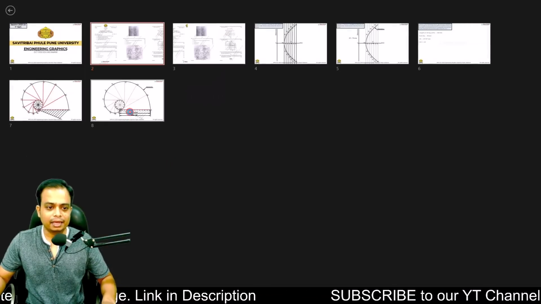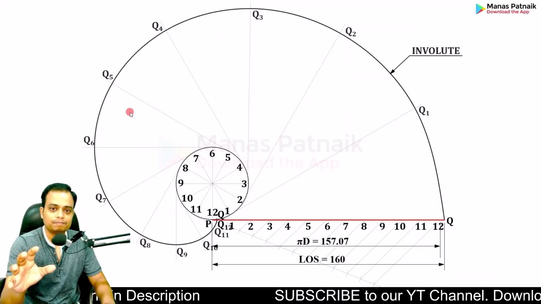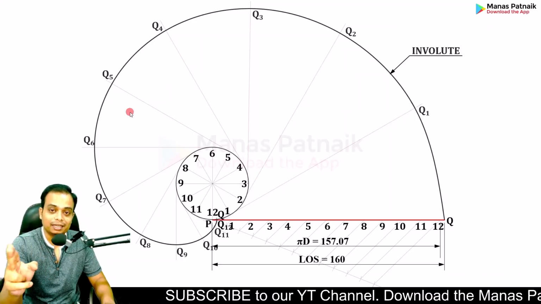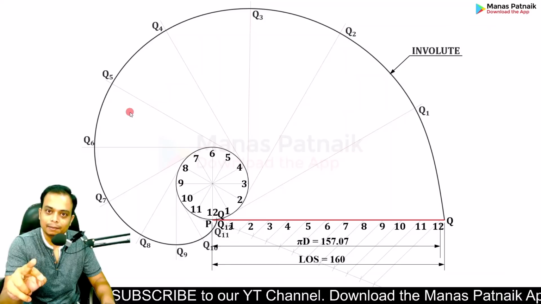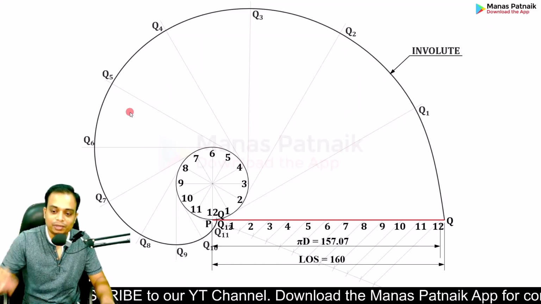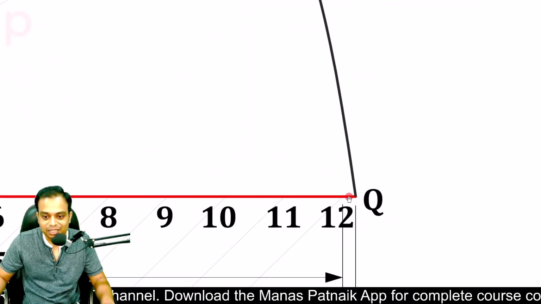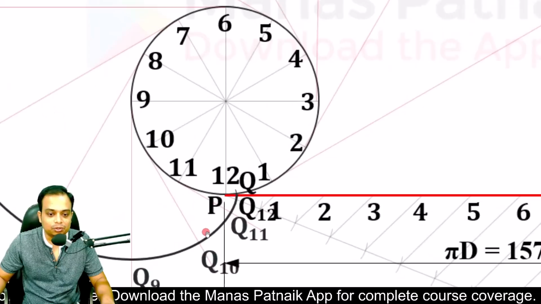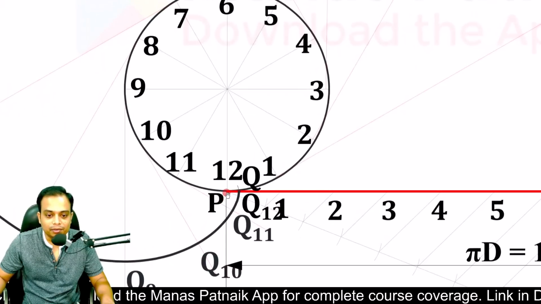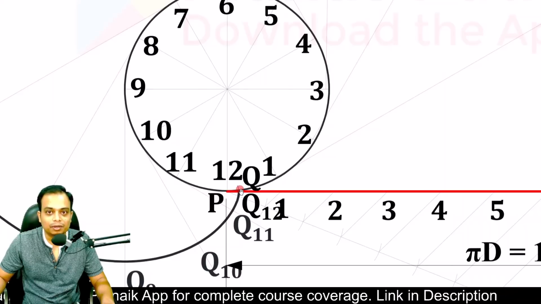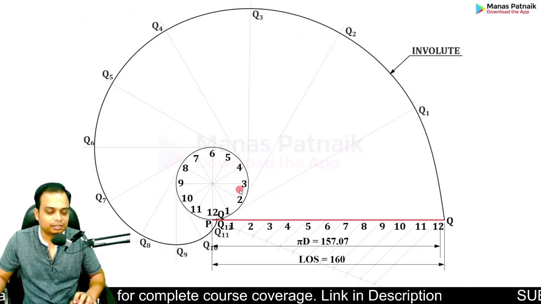Anyway, I suppose all of you have understood how to crack this problem based on involute, where the length of string was greater than the circle's circumference. How much greater? It was this much greater, from 12 to Q, right? And that is why you saw the involute did not finish here, it rather finished somewhere here. Okay, slightly more than one complete revolution, right?